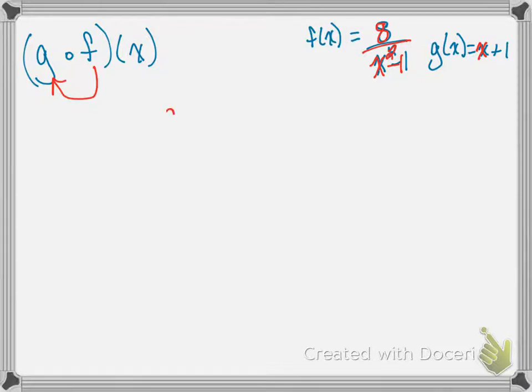So I have 8 over x squared minus 1, and I am adding that to 1.